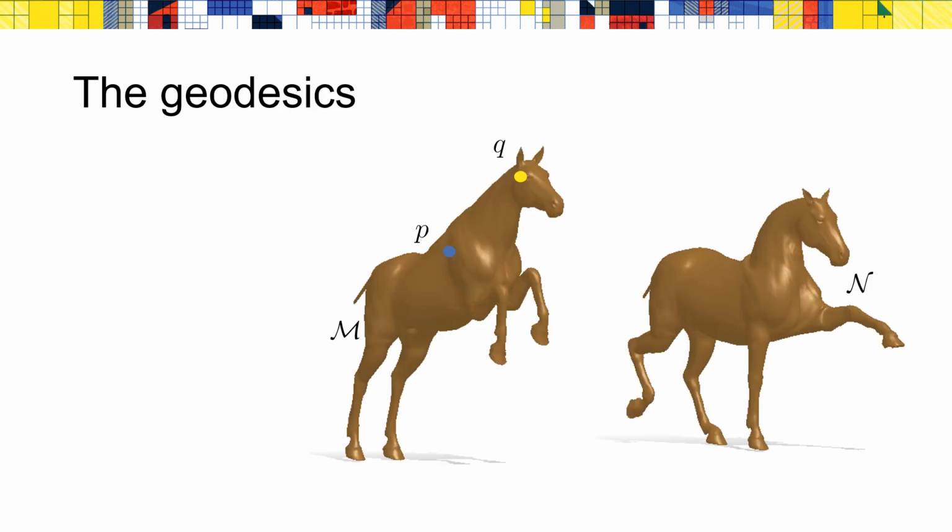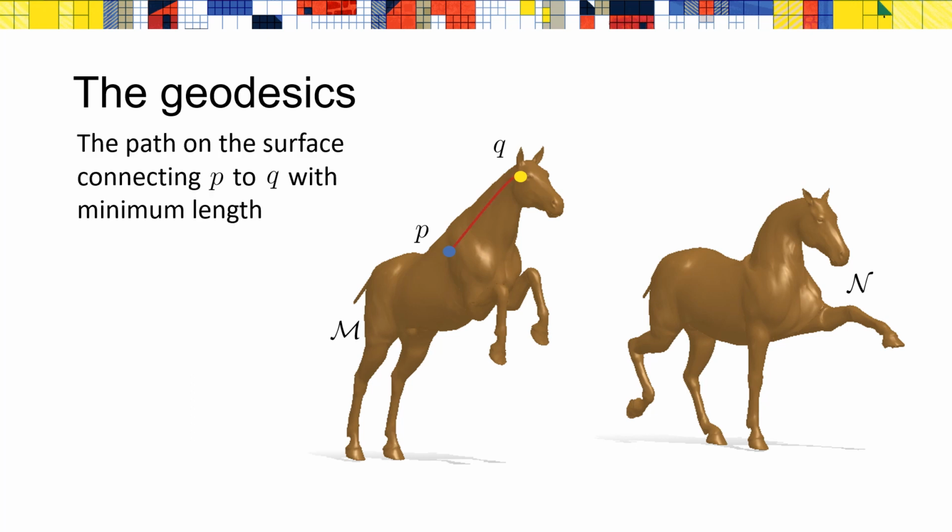Here we need to introduce some additional notation. What are geodesics? Given a couple of points P and Q on one surface, we define the geodesic between P and Q as the shortest path connecting P to Q, and this path should completely stay on the surface.